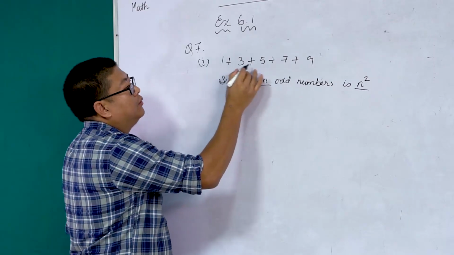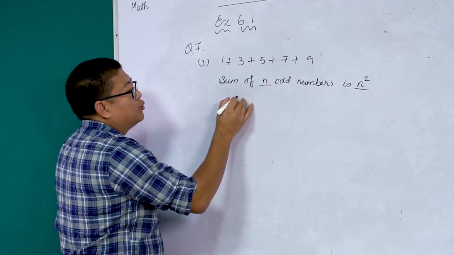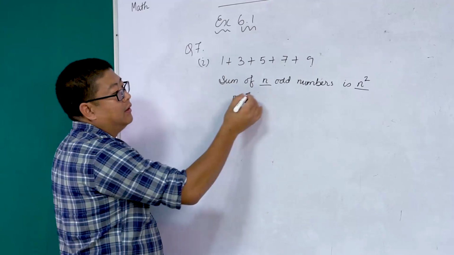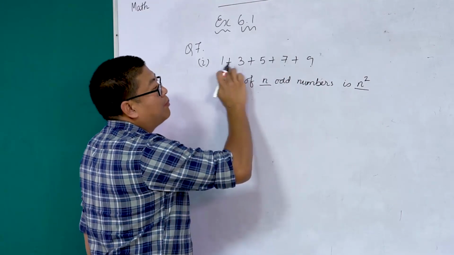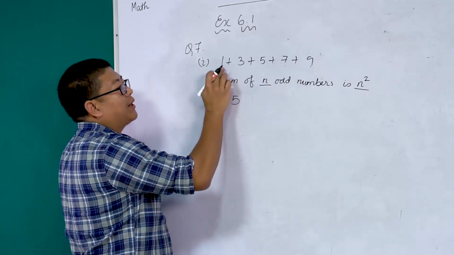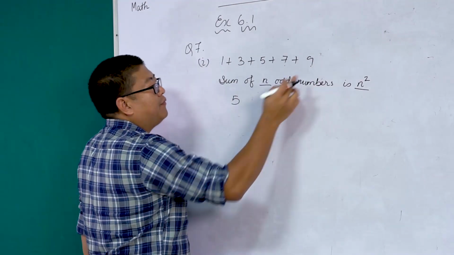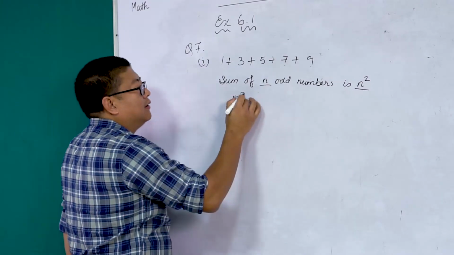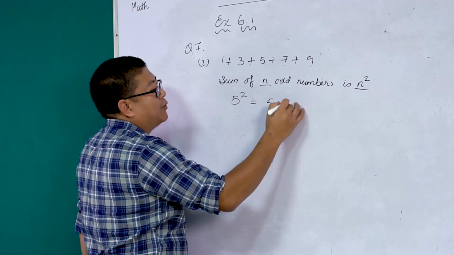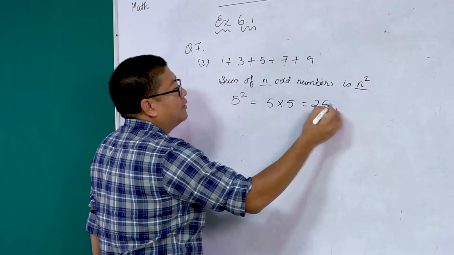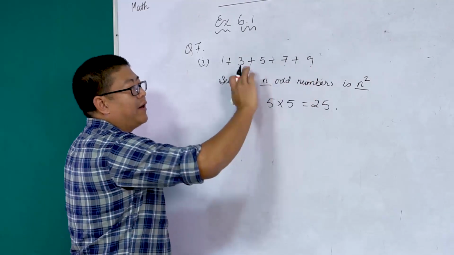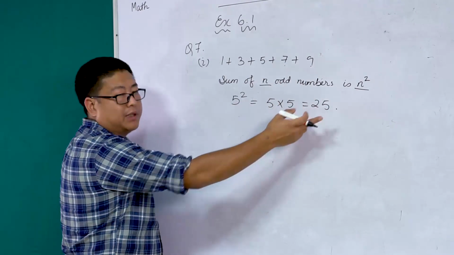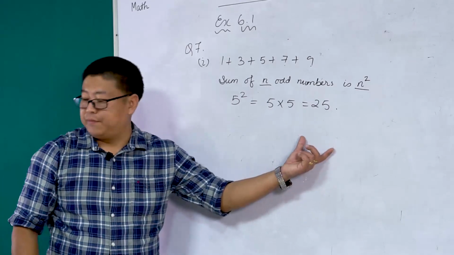Let's count: 1, 2, 3, 4, 5. So 5 is your n. That means 5 odd numbers, so the sum is 5 square, which is nothing but 5 into 5. That's why we multiply 5 two times. We get the answer 25.